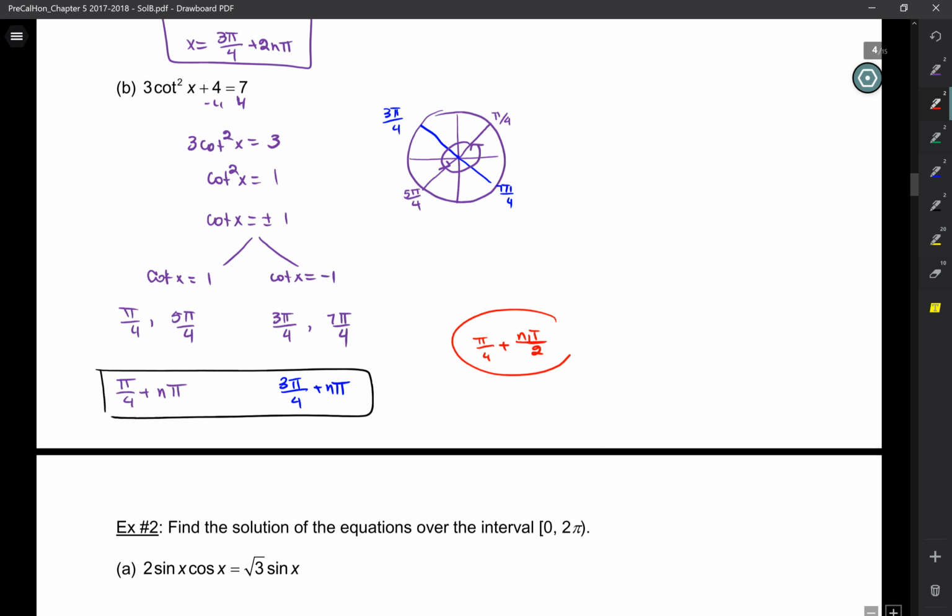Okay? And that'll sum up everything. So either is fine. Because from here, I go pi to the other purple one, and then pi to the other purple one. But my solutions are the purples and the blues. So from here, I can go pi over 2, pi over 2, pi over 2, pi over 2. Remember, this is 45 degrees. This is 135. That's 90 degrees, and then 90 degrees, and then 90 degrees, and then 90 degrees.